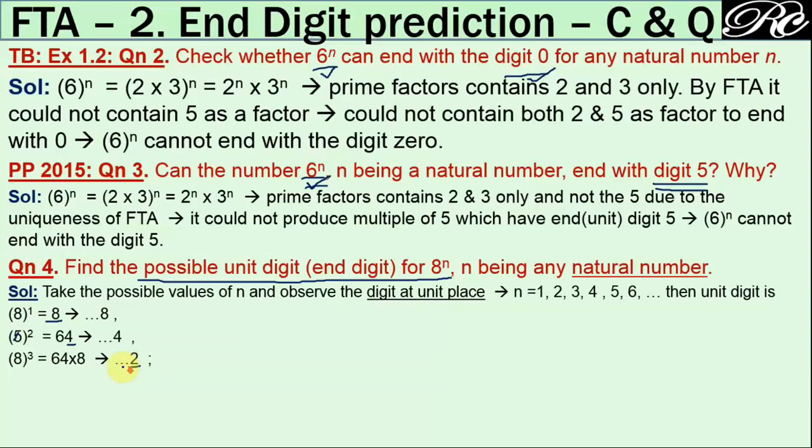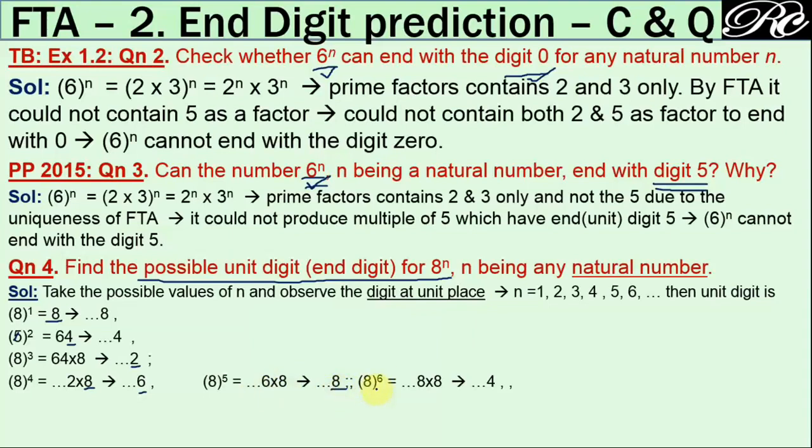If we go for 8 to the power 4, this 2 has to be multiplied with 8 because of the increase of exponent from 3 to 4, it becomes 16, the unit digit will be 6. If we further increase to 8 to the power 5, again this 6 has to be multiplied by 8, so it becomes 48, so 8 is here.